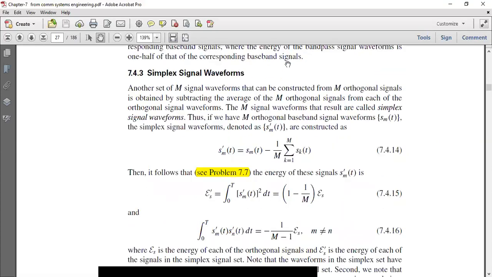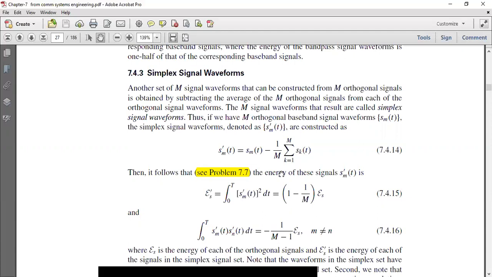The last topic is simplex signal waveforms, our last section, 7.4.3. How to generate a simplex signal waveform: another set of M signal waveforms that can be constructed from M orthogonal signals is obtained by subtracting the average of the M orthogonal signals from each of the orthogonal signal waveforms.